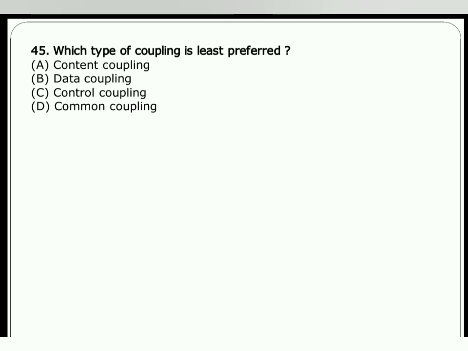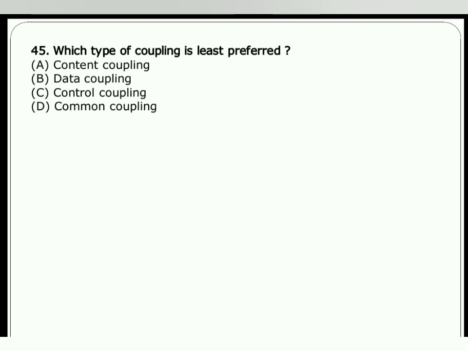Next one, which type of coupling is least preferred? First of all, what is meant by coupling? Coupling is the measure of the degree of interdependence between software modules, a measure of how closely connected two routines or modules are. The strength of the relationship between two modules is denoted by coupling.